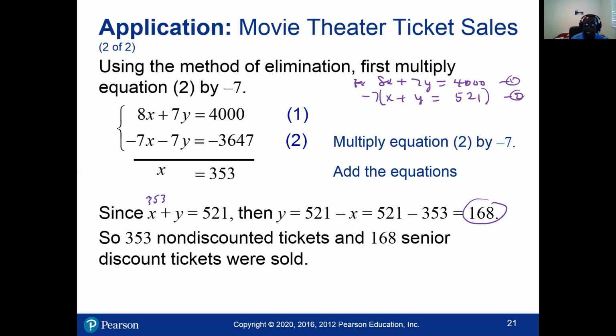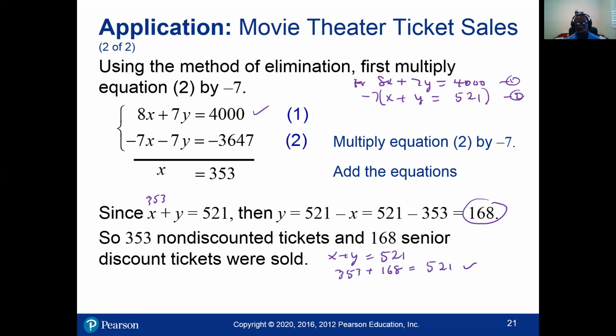And how many discounted tickets were sold? 168. Of course, 353 plus 168 should give us 521. And it must also check for the first equation. All right, so that's an application.